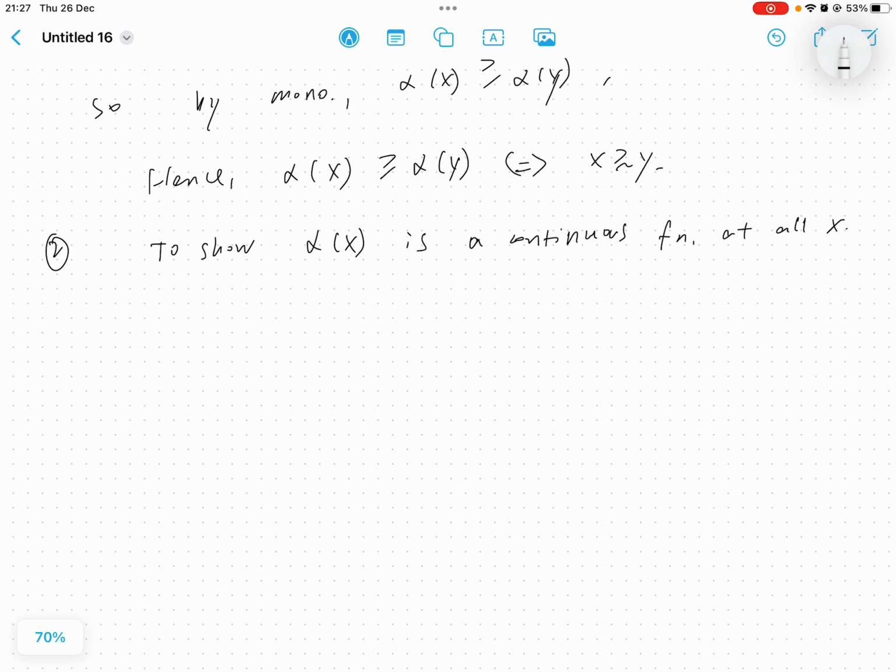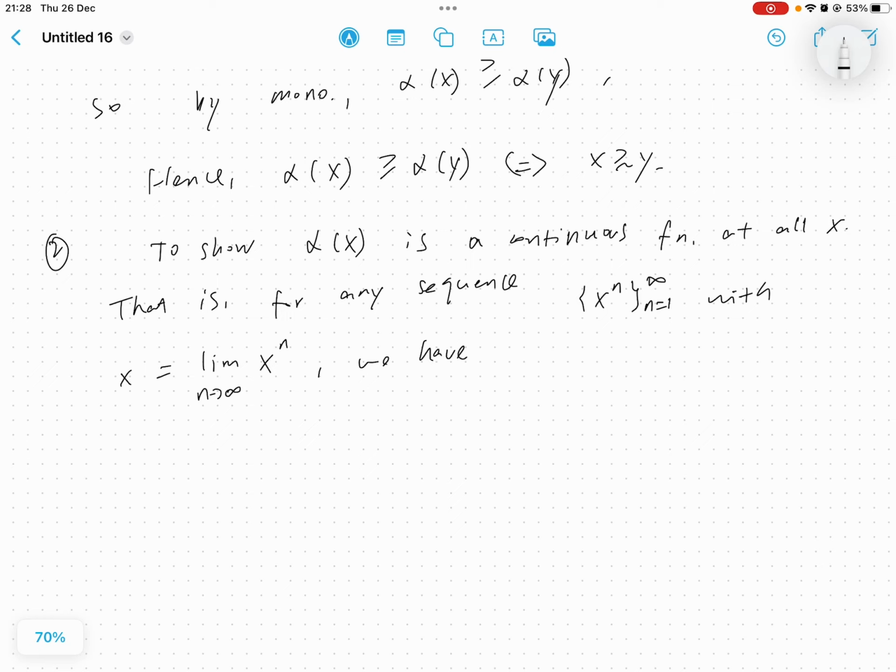By definition, mathematically, for any sequence xn, n from 1 to infinity, with x being the limit of xn, the limit of alpha xn as n goes to infinity has to be alpha x.